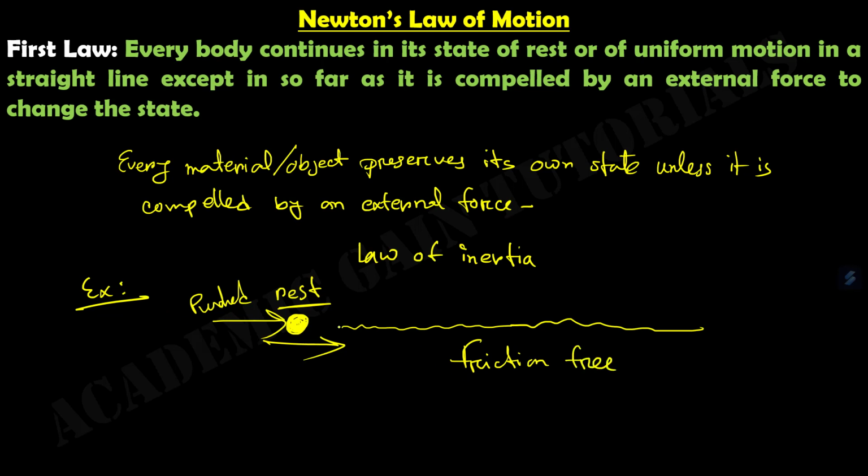So when we push, the marble will be in a uniform motion position. If I push the marble, or apply an external force to it, the marble will move at a uniform speed, and it will go in a straight line unless a force is applied to stop it.